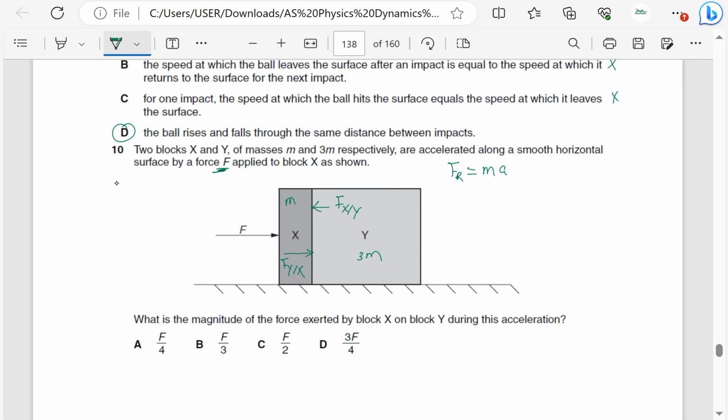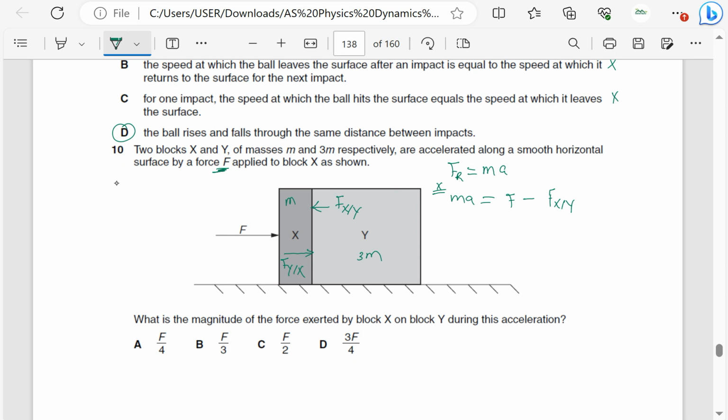If I consider the mass X, M times A for X is equal to the force acting on it towards the right hand side, which is F, minus the force acting on it towards the left hand side, which is F on X due to Y. So that is the resultant force on it.